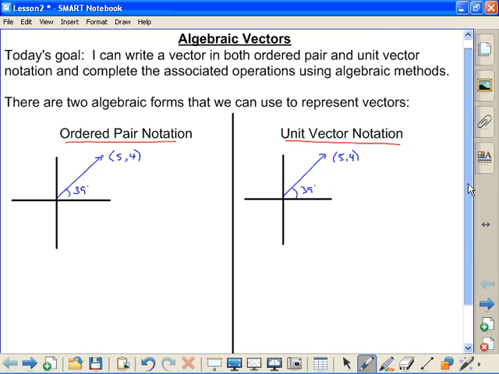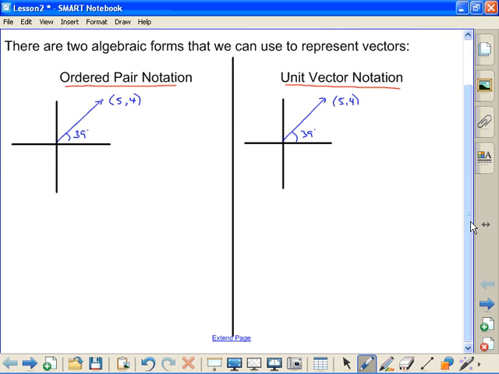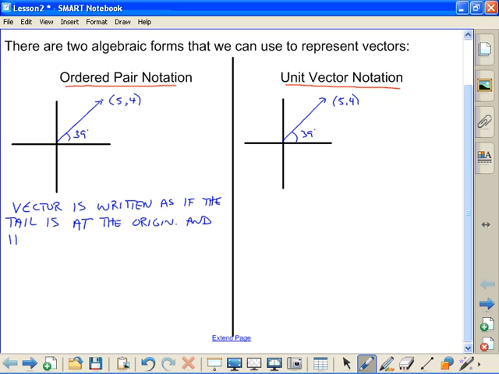Okay, so ordered pair notation. With ordered pair notation, our vector is written as if the tail is at the origin, and the head at the end coordinate.